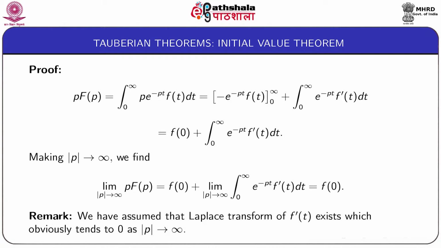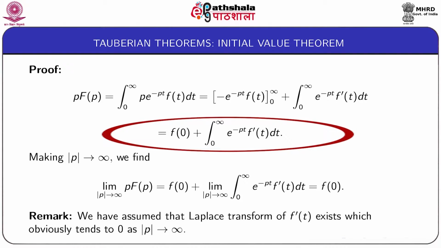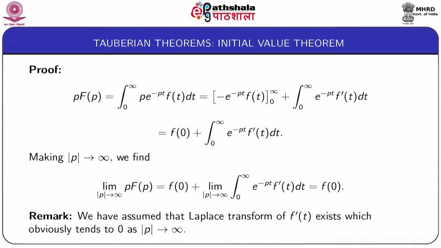Now the first function vanishes as t tends to infinity, so that it gives f(0) plus the integral from 0 to infinity e to the power minus pt f dash t dt.